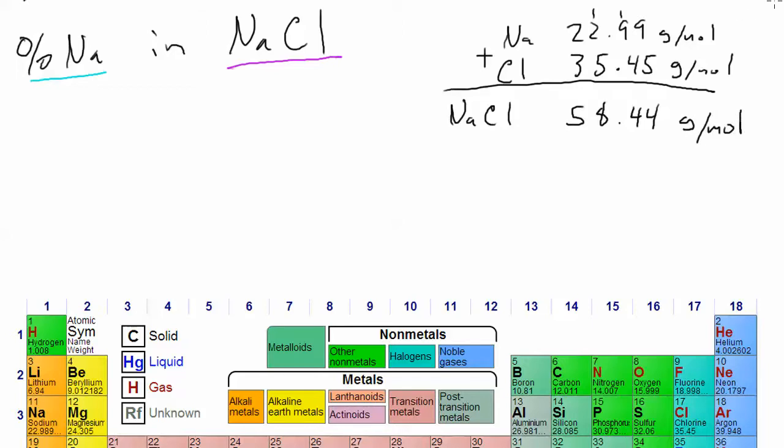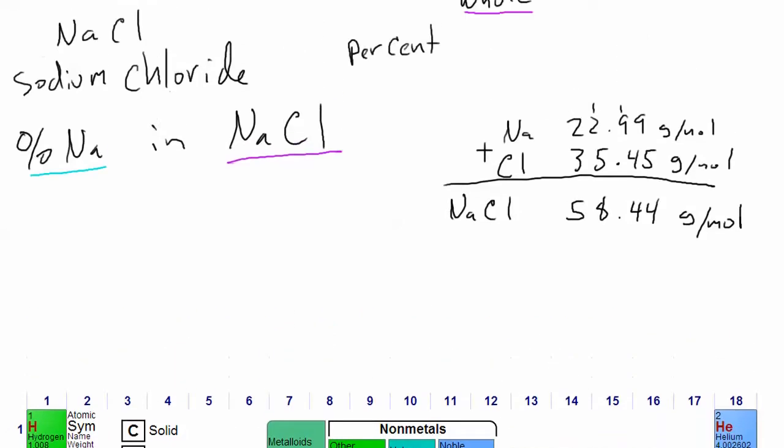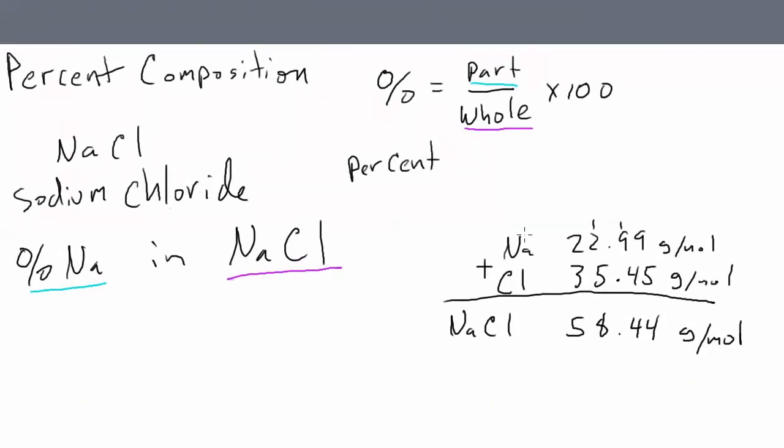That's awesome. Now, we're trying to find the percentage of sodium chloride that's sodium. So I'm using colors to help make this a little bit more obvious. Percentage is a part divided by a whole. And for this situation, where we're trying to find the percentage sodium in sodium chloride, the mass of sodium is the part that we're interested in, and the mass of sodium chloride is the whole.